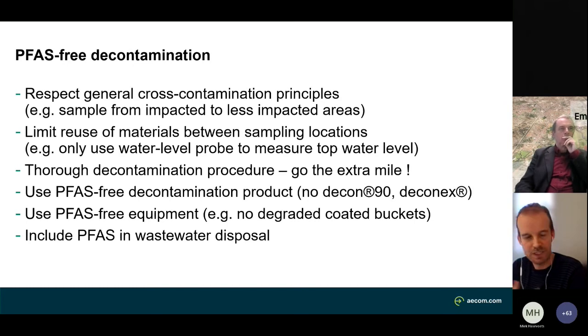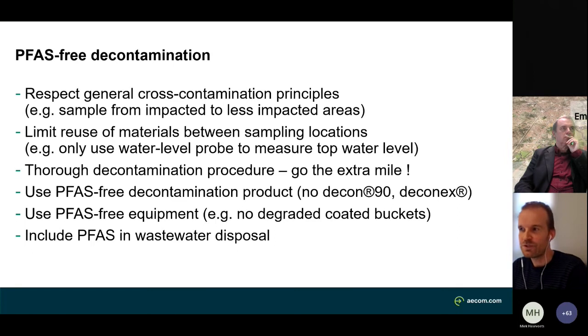So that means that you have to lower it meters and meters into the water in your monitoring well. If that comes from an impacted well, you could cross-contaminate another well if you do not properly decontaminate. So, for example, in PFAS projects, to avoid that risk, we only use that water level probe to measure the top water level, and don't use it to measure the depth of the monitoring well when we are analyzing for PFAS.